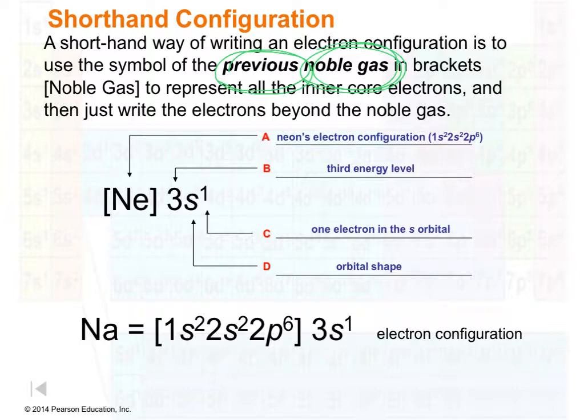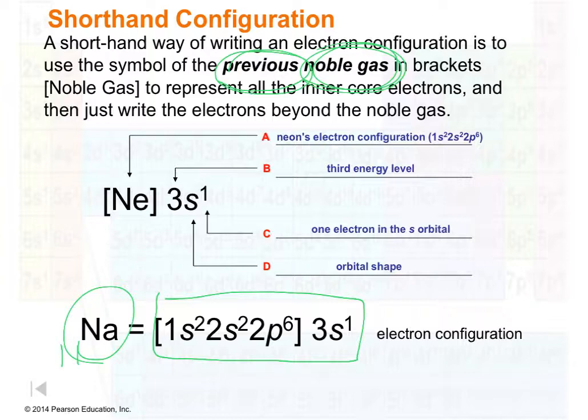So, for example, sodium's longhand electron configuration looks like this. But if you look in the periodic table, sodium is atomic number 11. Atomic number 10 is the noble gas before sodium. And so you always start your shorthand configuration with the noble gas before.